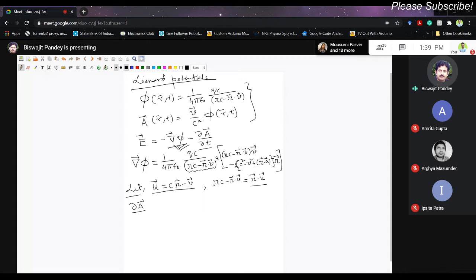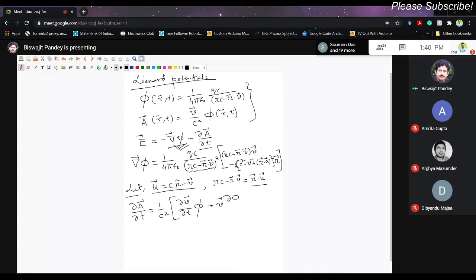There are two functions: one is the scalar function phi, another is the vector function v, the velocity of the charged particle. 1 by c square is a constant. So del A del t is 1 over c square, a constant, and then inside the bracket, the derivative of v first, del v del t times phi, plus v del phi del t.